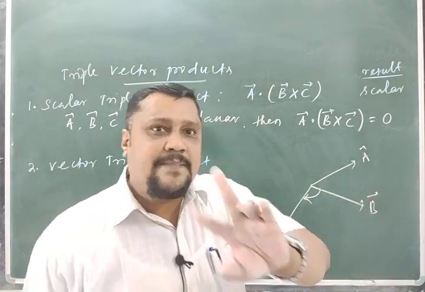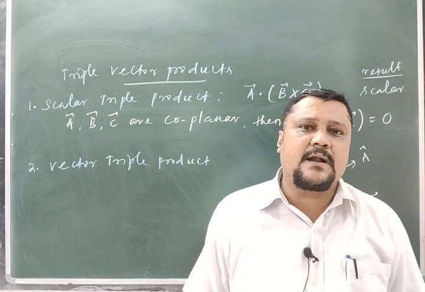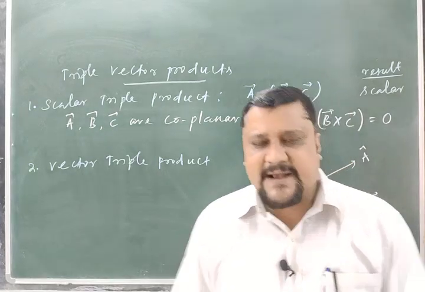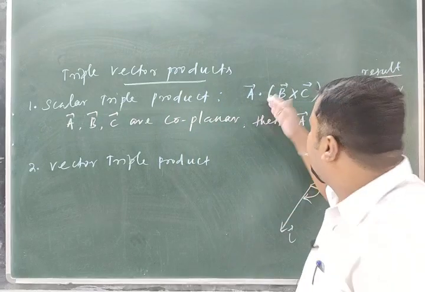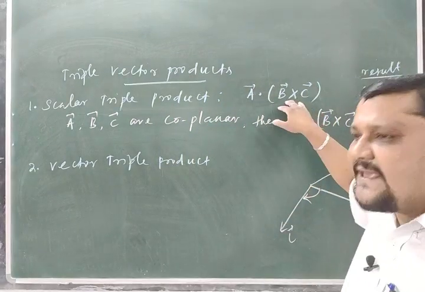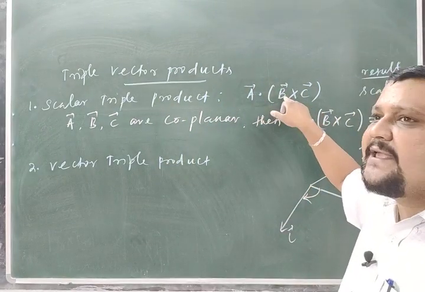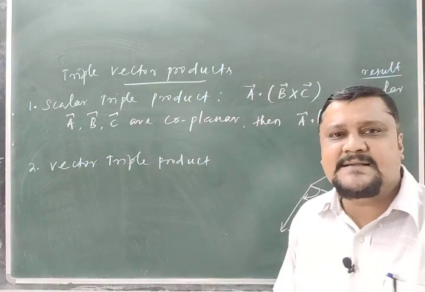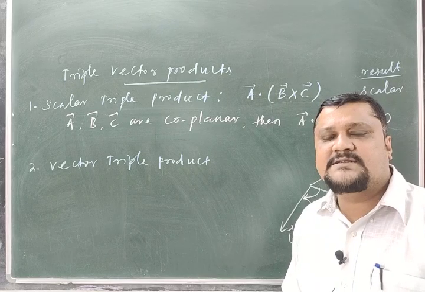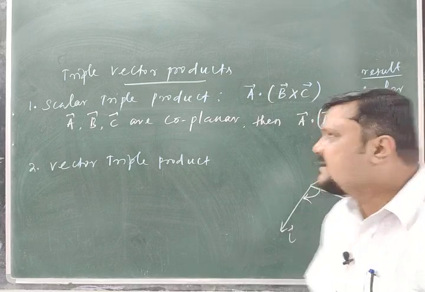Then as you know, the dot product of two perpendicular vectors is 0. Suppose B cross C gives you D, another vector, then A dot D, the angle between A and D is 90. So A dot D is equal to AD cos 90. Cos 90 is 0.